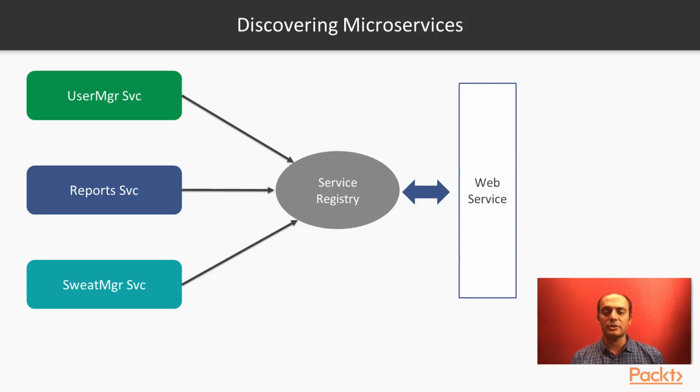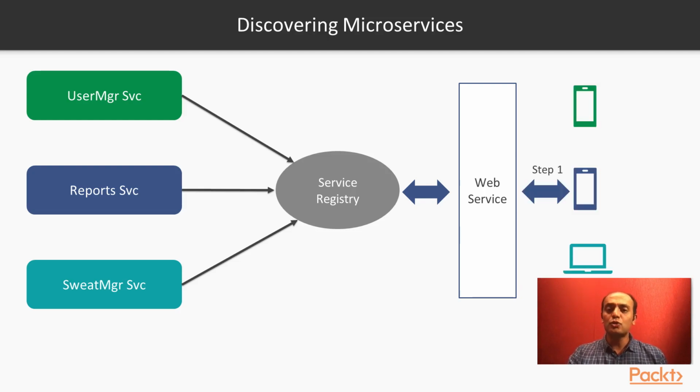Where is this particular service? It could also be a proxy or a reverse proxy in this case, where the web service will send requests and the service registry black box will automatically reroute that to the right service. So step 1 would probably come from any third-party devices, maybe a dashboard, maybe a mobile, where it's trying to access something.